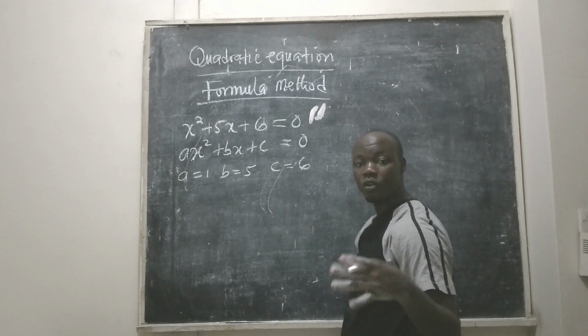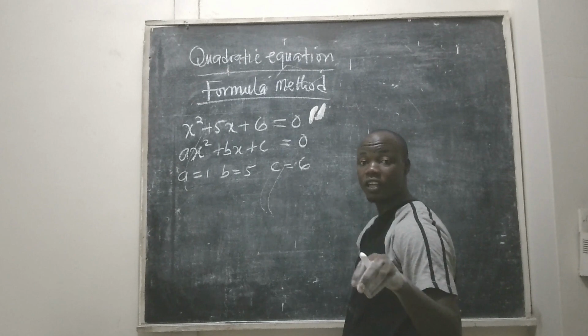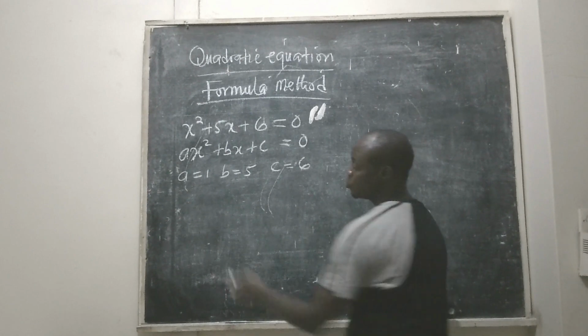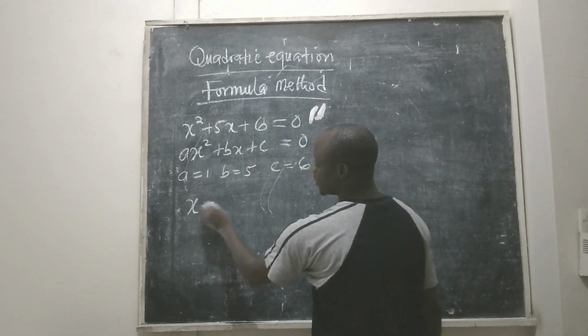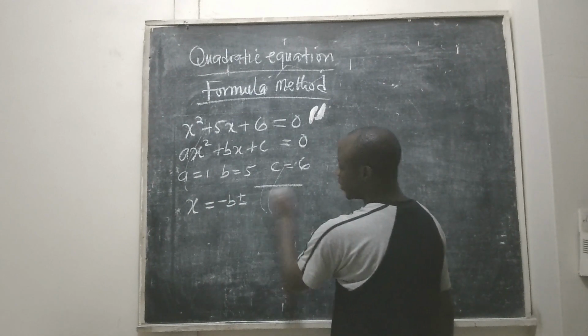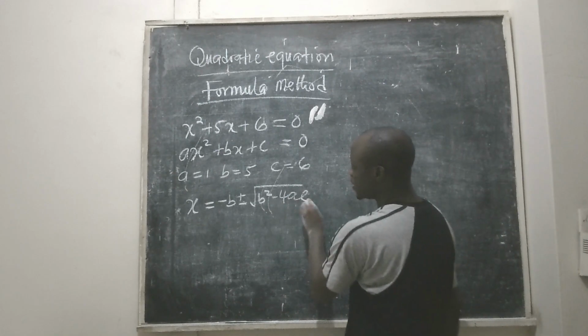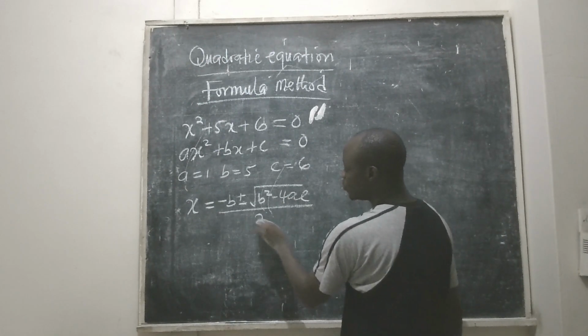And now we are going to take our quadratic formula. The quadratic formula is x is equal to minus b plus or minus the square root of b squared minus 4ac, divided by 2a.